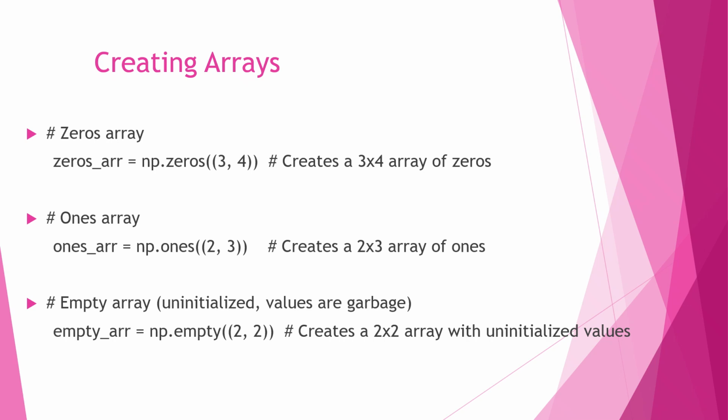We are specifying two dimensions, 3 by 4, that is 3 rows and 4 columns of zeros, so it will have 12 zeros. Next we create an array of size 6, a 2 by 3 matrix, with all ones. The next one is an empty array. Here we have created a 2 by 2 array with uninitialized values.